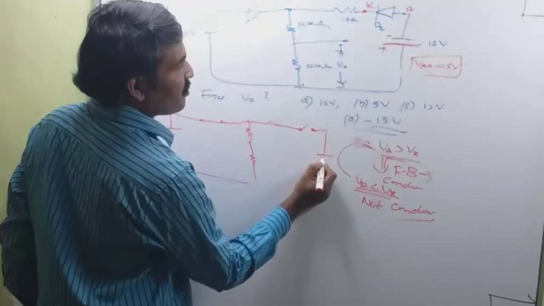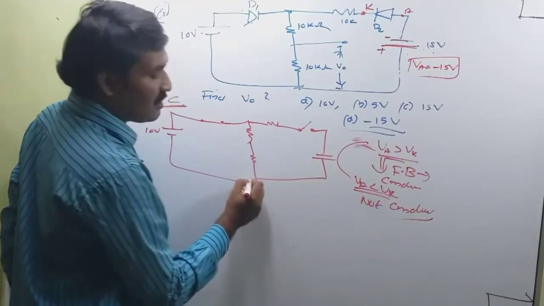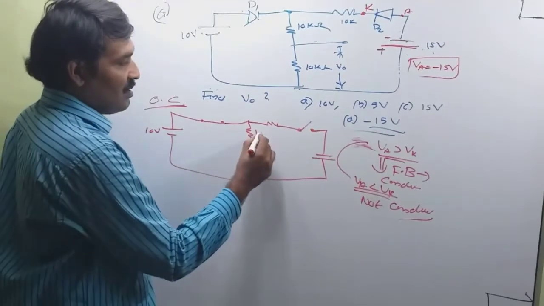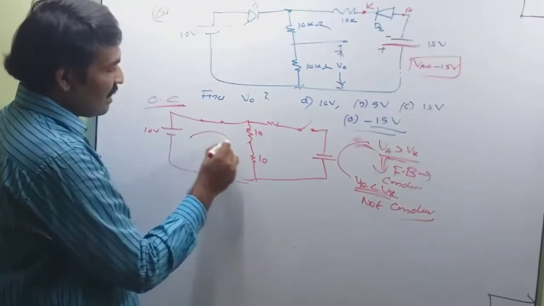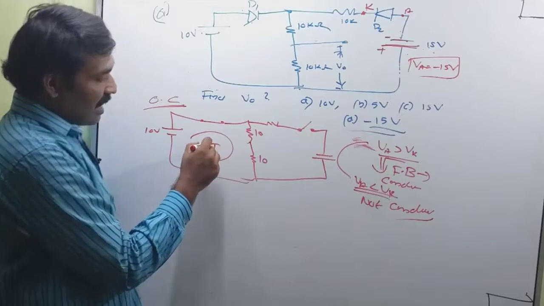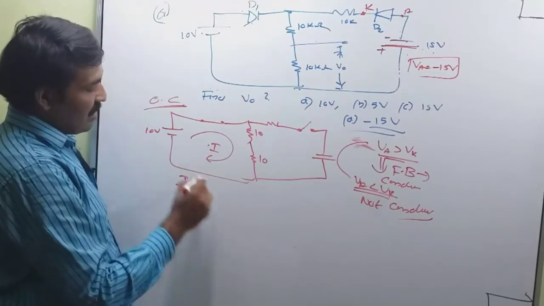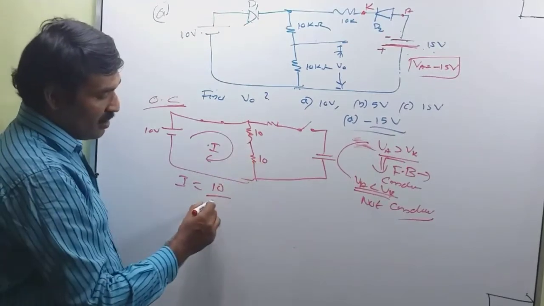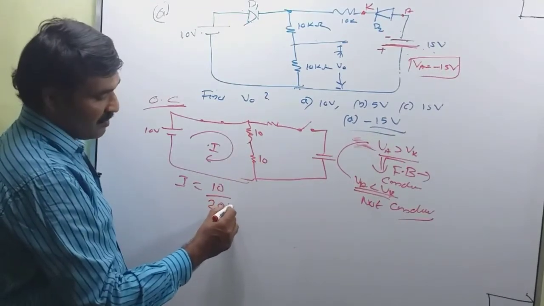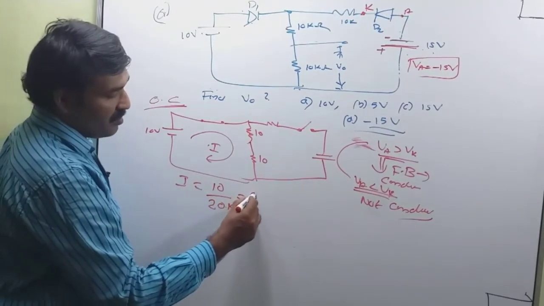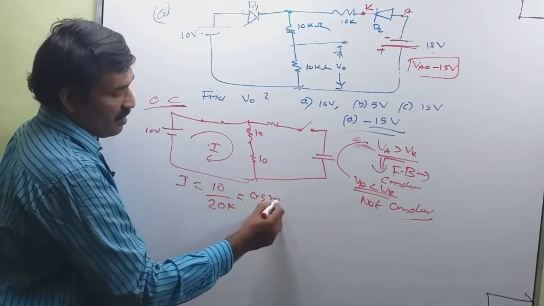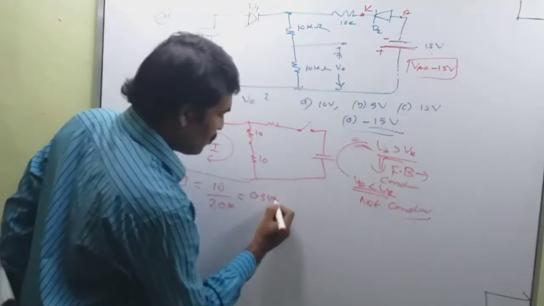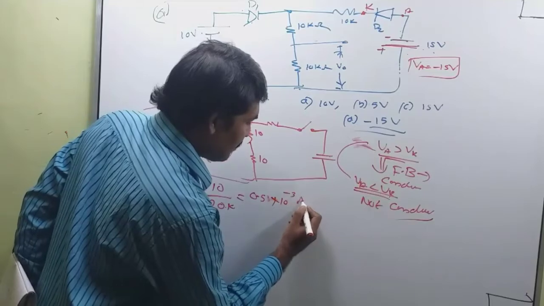This is open circuited. Now this is our figure. It has a current I. This current I is equal to 10 divided by 10 plus 10, that is 20K, which is equal to 0.5 into 10 raised to minus 3 ampere.